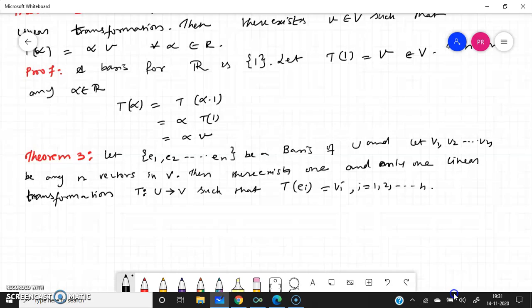What is given here, basis of U is given and n vectors of V is given. We have to prove there exists only one transformation T from U to V such that T of Ei equal to Vi for i equal to 1 to n.